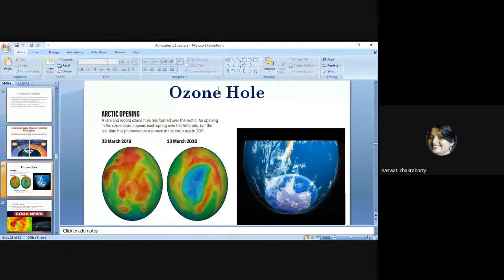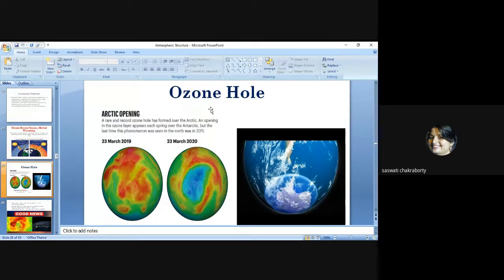The ozone layer in the stratosphere prevents the harmful radiation from entering the Earth's surface. Not only that, the UV rays, the ultraviolet radiative rays, are actually harmful for organisms. So, ozone has a positive effect.